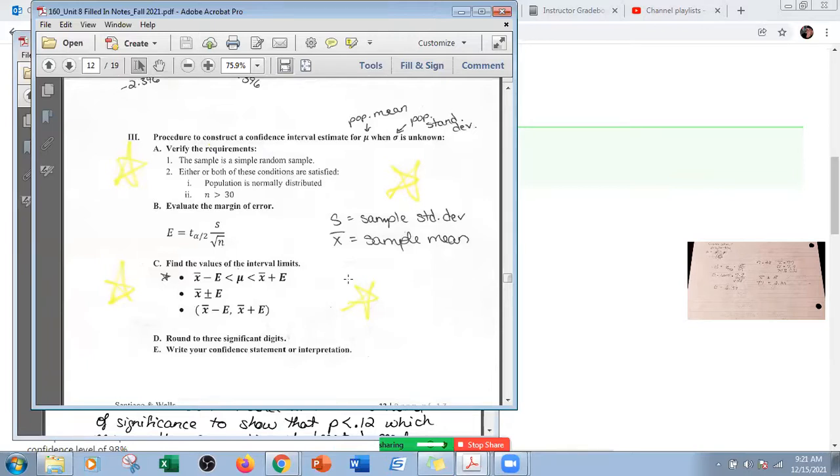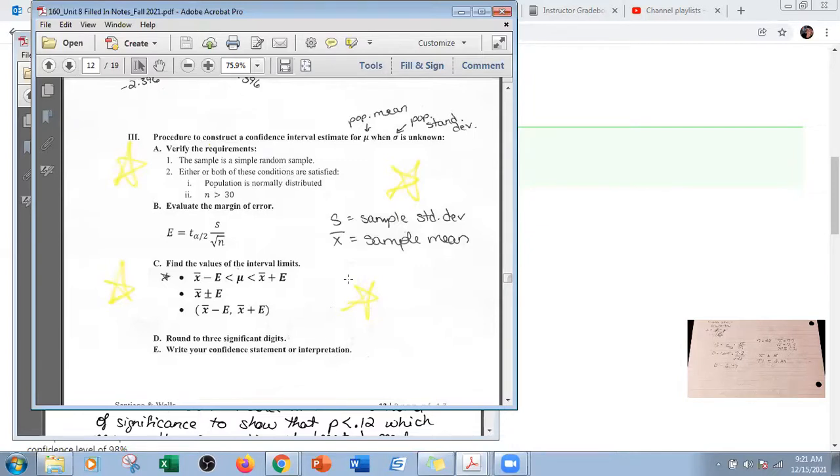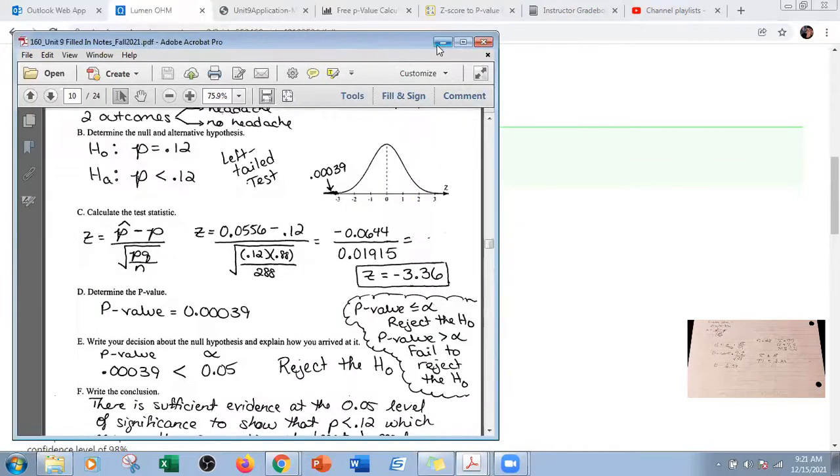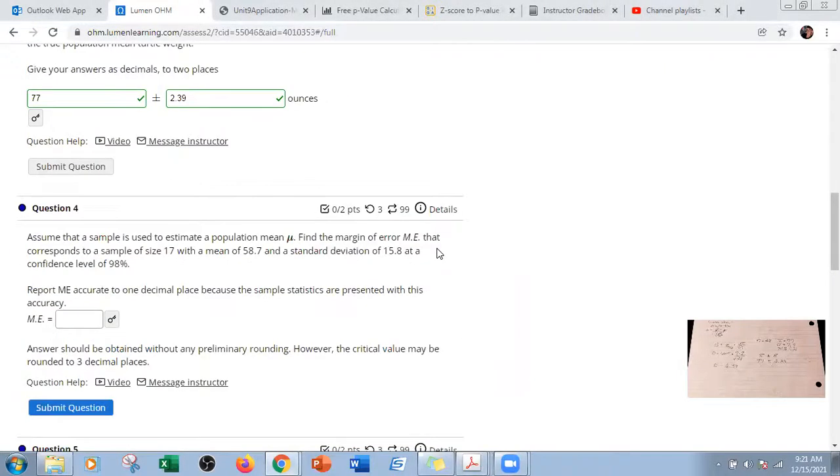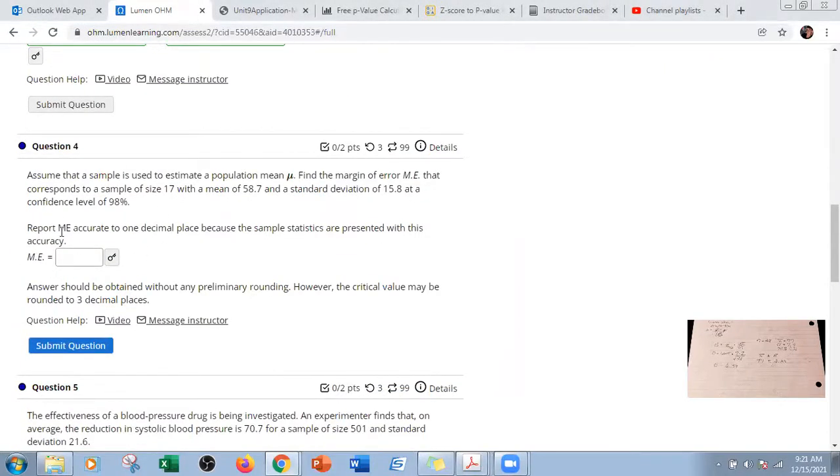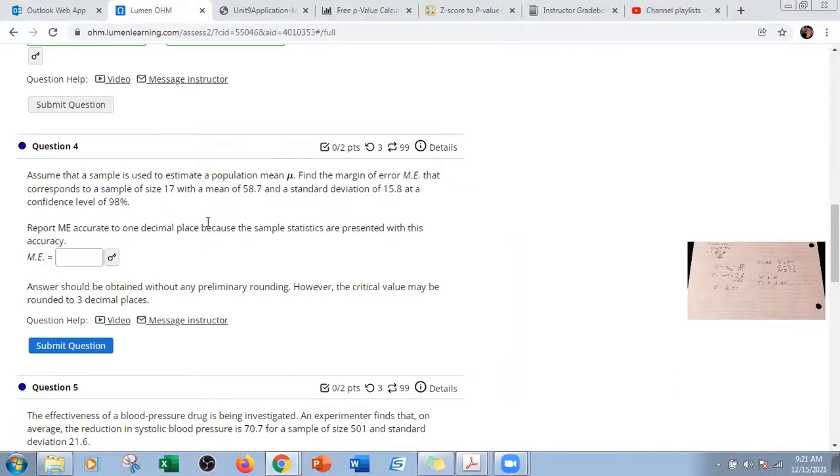Nick. I was going to ask if you could do question 4 because I keep having an issue with that. Because I keep trying to solve it. I'll show you what I have right now. It says assume that the sample is used to estimate the population mean.